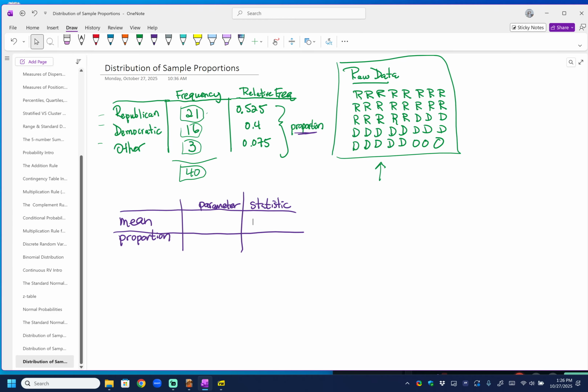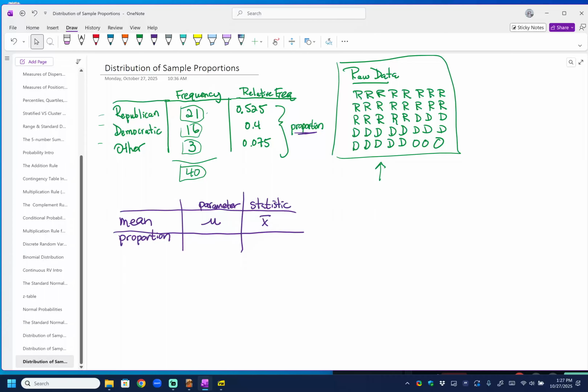Because we needed one that represented the population of all, that was the parameter mu, and we needed one that represented the sample, which was x bar. We, of course, knew that we often used x bar as a way to estimate what mu was, because mu was very difficult to calculate. And as a matter of fact, in statistics, we just don't compute mu. We use x bar as an estimator of it.